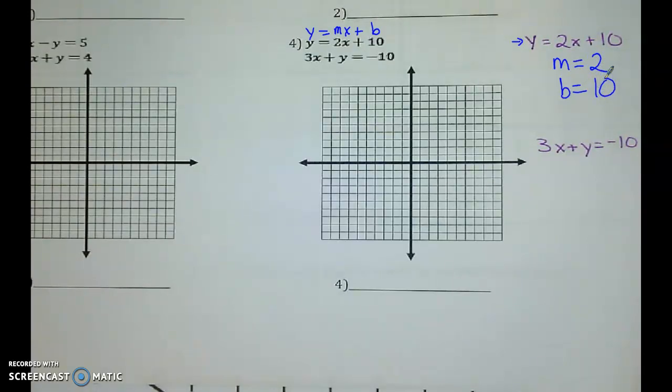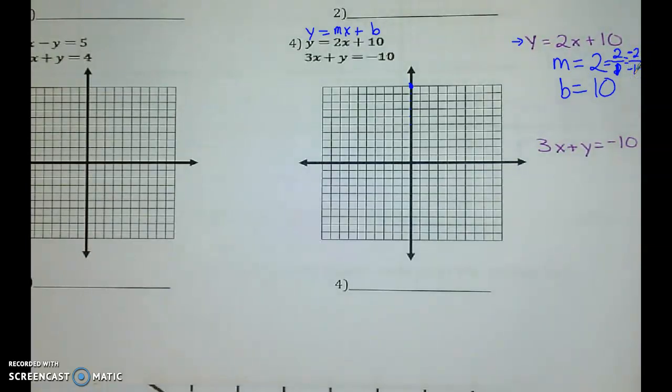So our y-intercept, 1, 2, 3, 4, 5, 6, 7, 8, 9, 10. Okay, I'm all the way at the top of the graph. Well, I don't have anywhere to go up, so I know that this 2 is the same thing as 2 over 1. I know that 2 over 1 is the same thing as -2 over -1.